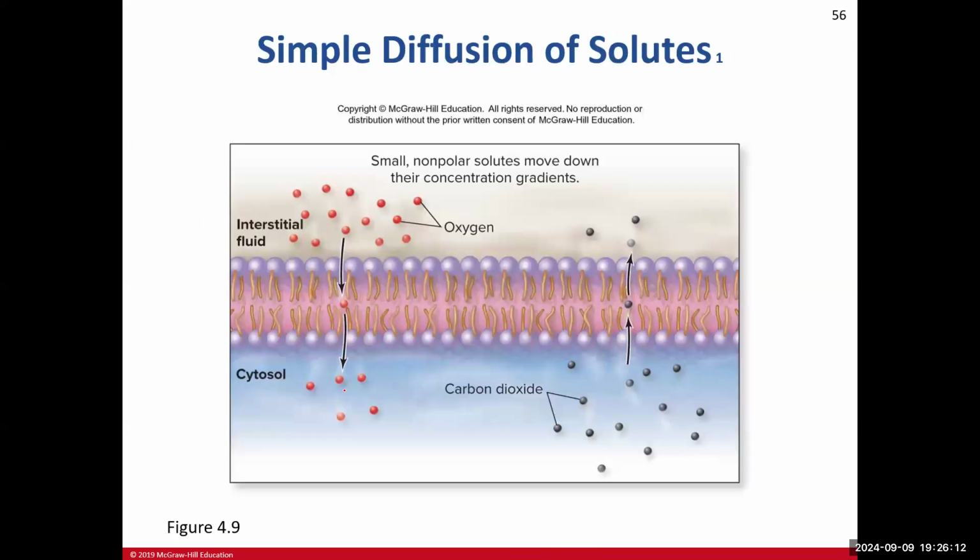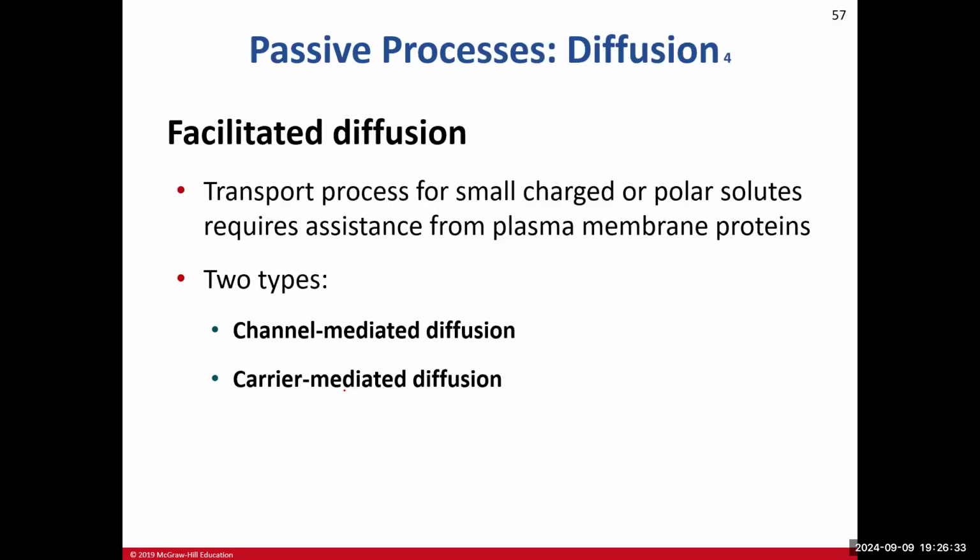So if you had 50 molecules of oxygen on the outside of the cell and 50 molecules of oxygen on the inside of the cell, oxygen is not going to move anywhere because it's equal. It's reached equilibrium. But as long as you have this concentration gradient, a lot in one spot and a little in another, then it's going to move down the concentration gradient. So keep that in mind there.